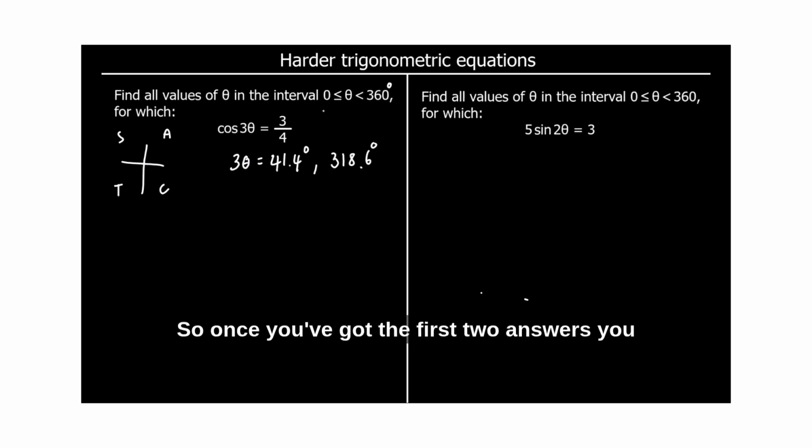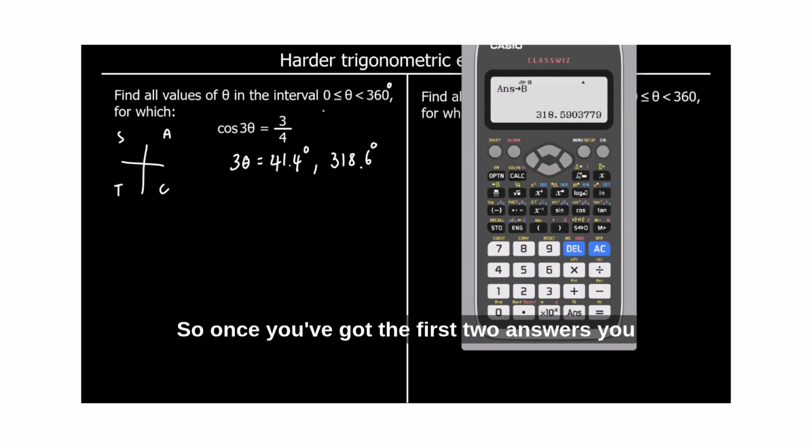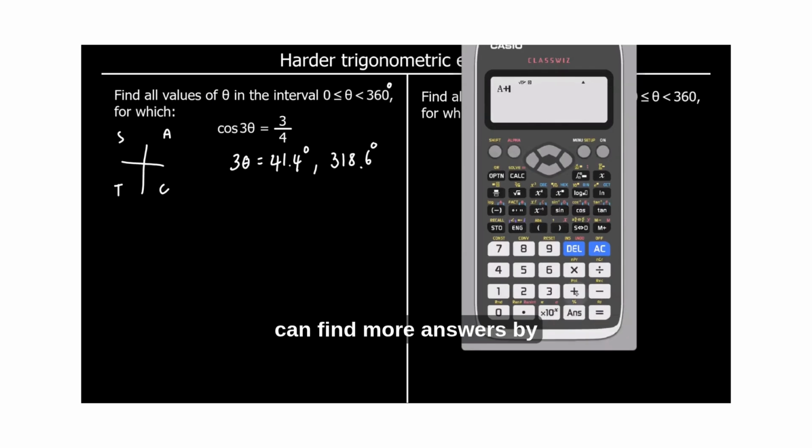range. So once you've got the first 2 answers, you can find more answers by just adding or taking away 360.